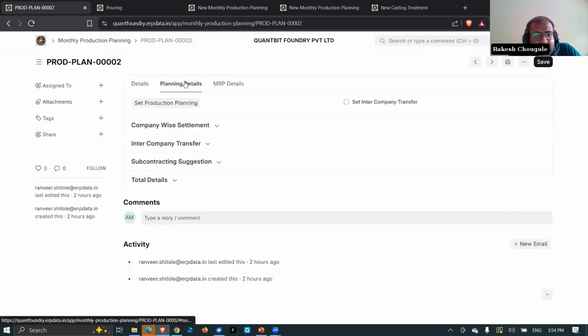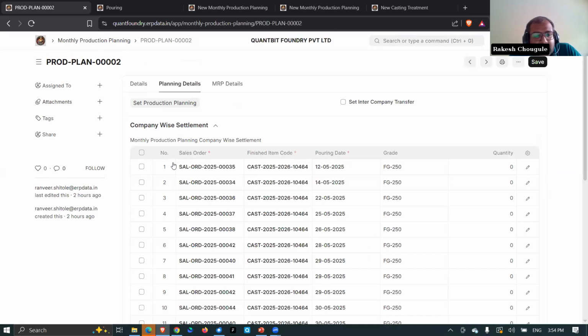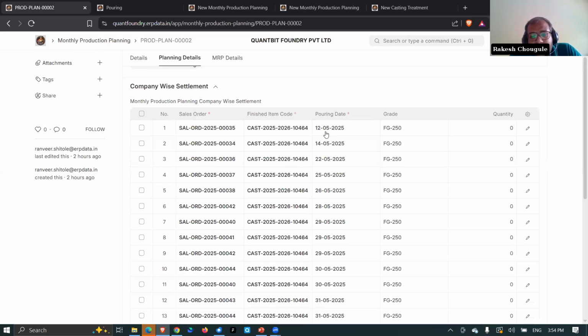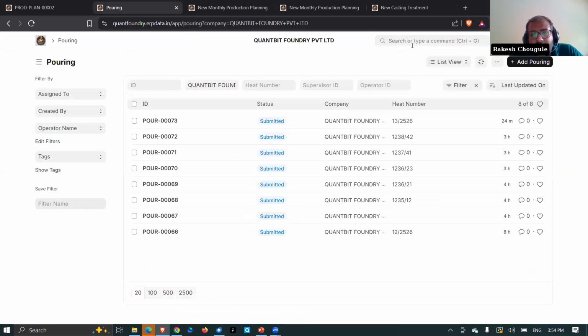After that we can see the company wise production planning, where the system will suggest on which date we have to pour this particular order. This is based on the foundry setting.